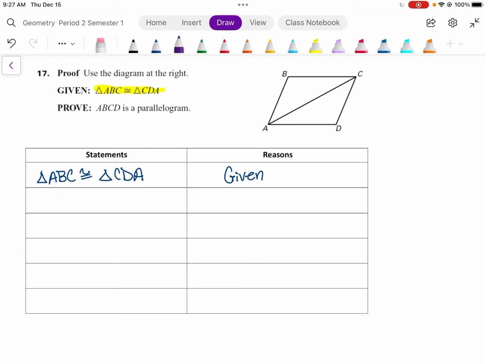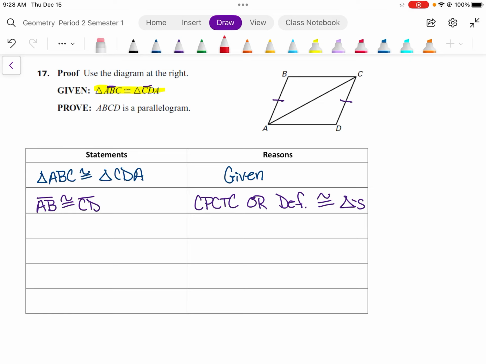So we know that AB, because those are the first 2 letters, is going to be congruent to CD. And if you remember, you can put CPCTC, or you can put definition of congruent triangles. Whichever one works for you, you can put for your reason.